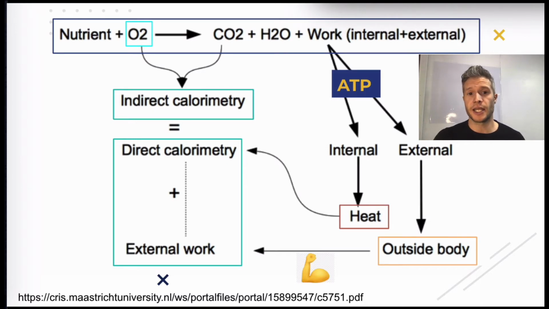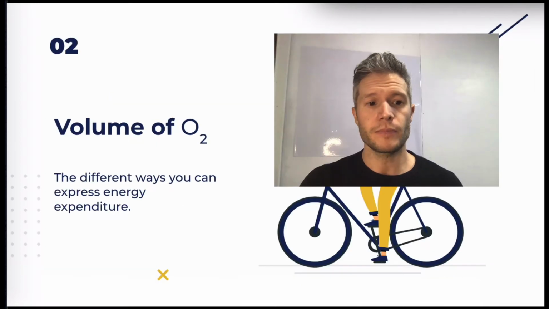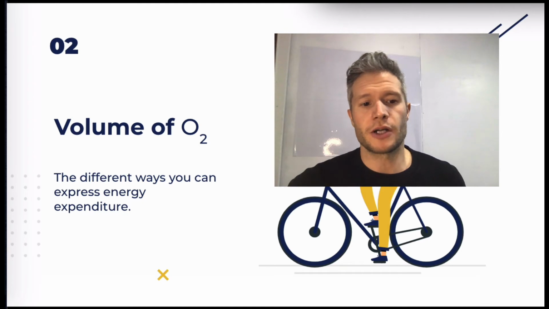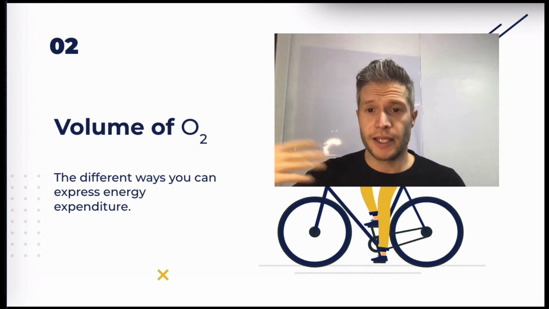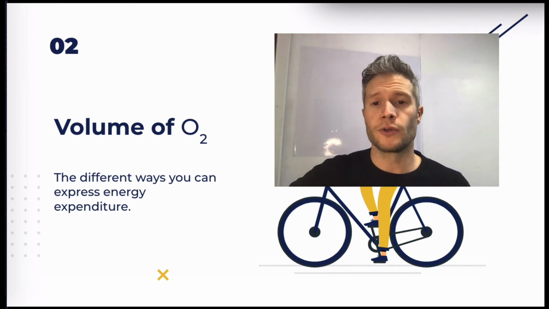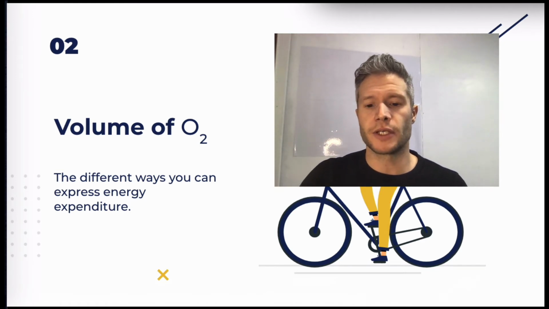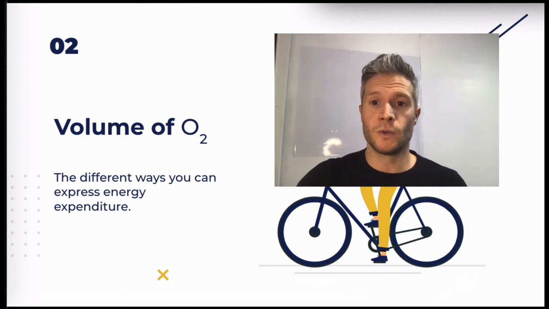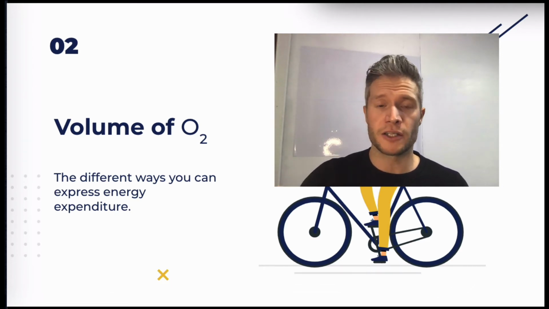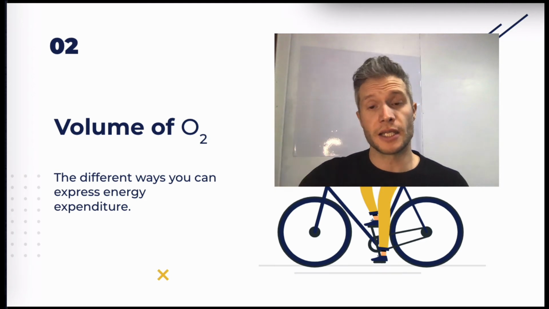In the equations today, a lot of it is fundamentally focused around how much oxygen is used. So with the volume of oxygen, there are different ways you can express that and then convert it through unit conversions and different concepts that we'll see to understand how much oxygen is used, and that can tell us different information.